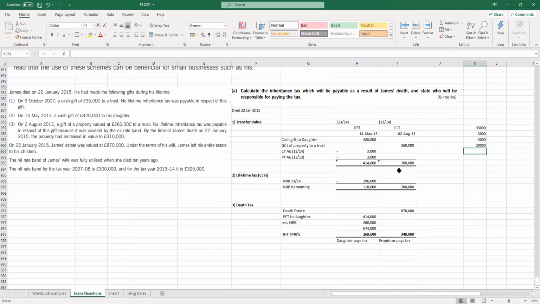So I'll just keep that there, so then we know where that's come from. So we're saying 118,000 remains. So I'd say this is... Yeah. So then I'd simply add a row here.